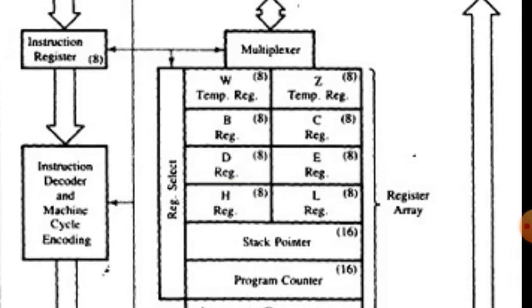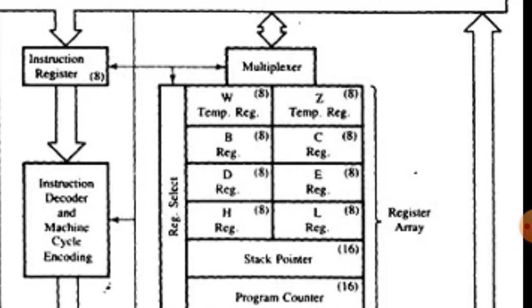Then we'll go to the right side. These are the general purpose registers. As you can see, there are 6 general purpose registers in the 8085 processor.